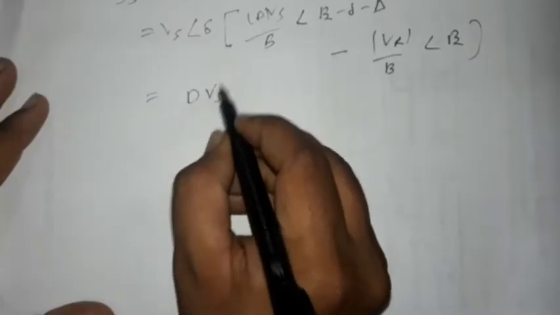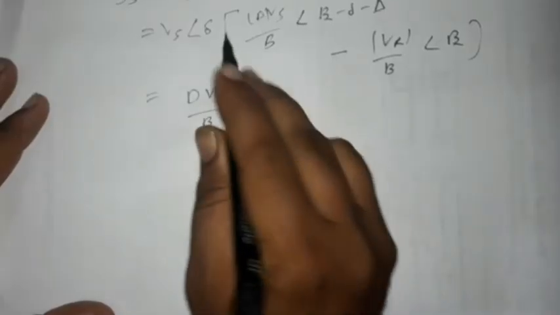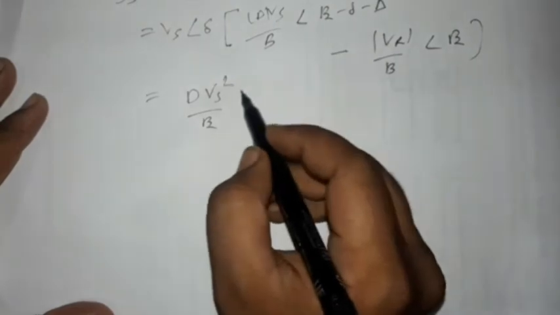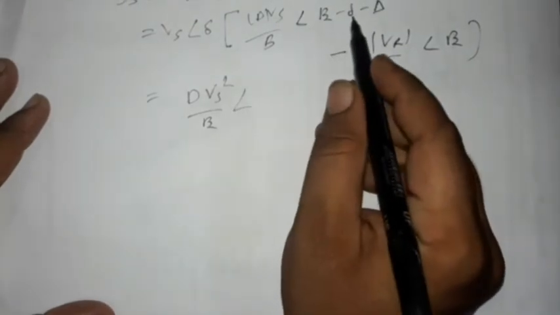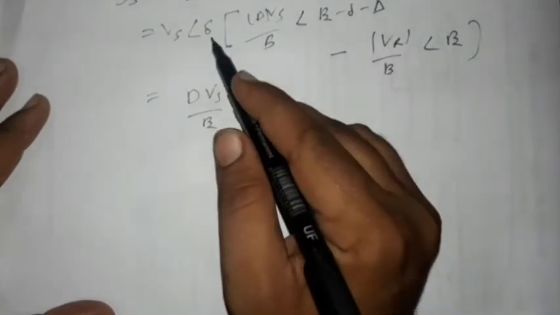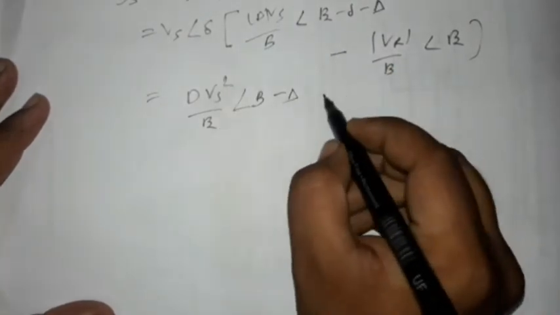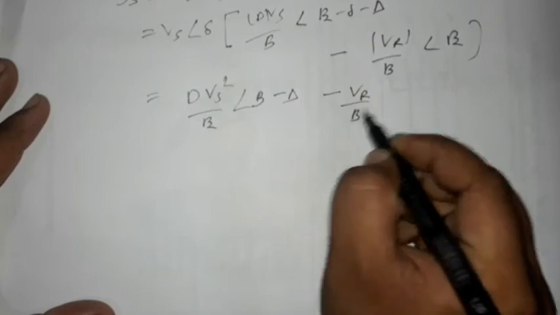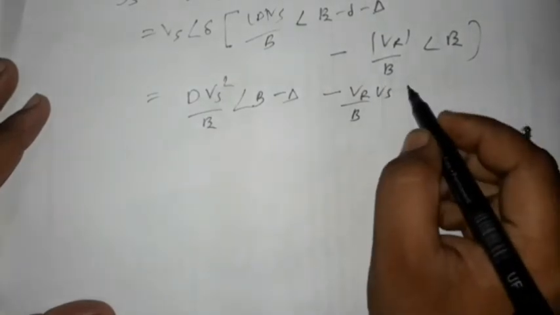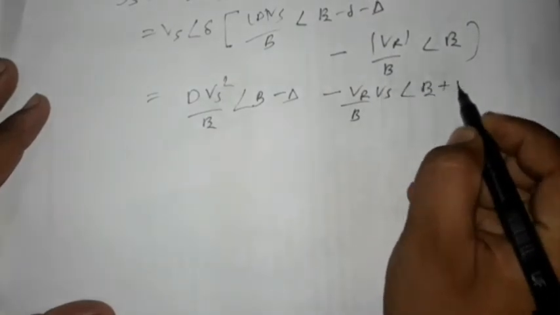D into Vs square by B. Now angles multiply, so beta minus delta minus capital delta plus delta, which means beta minus delta, minus VR by B into Vs angle beta plus delta.